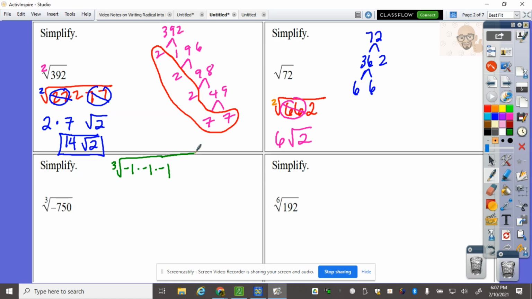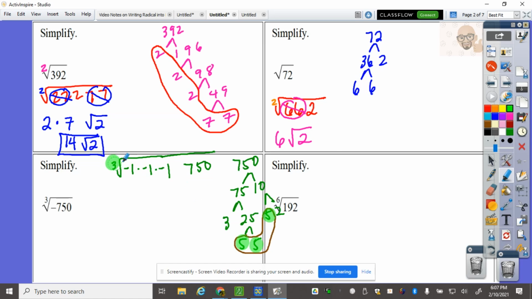So basically I'm just breaking down the 750 on its own. 750 can be broken into 75 and 10. 75 can be broken into 3 and 25, and 25 is 5 and 5, while 10 can be broken into 5 and 2. If you notice here, I'm going to have a group of 5's. I have 3 5's, 1, 2, 3, because the index there is 3.